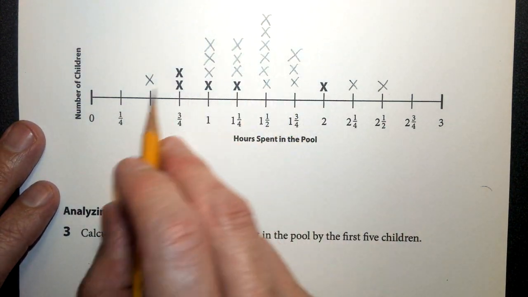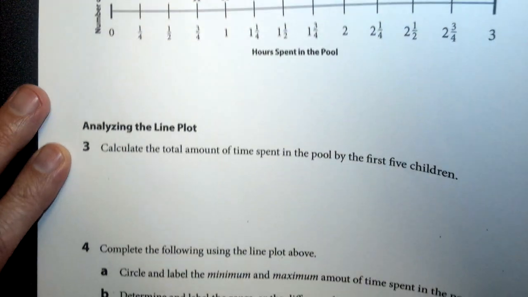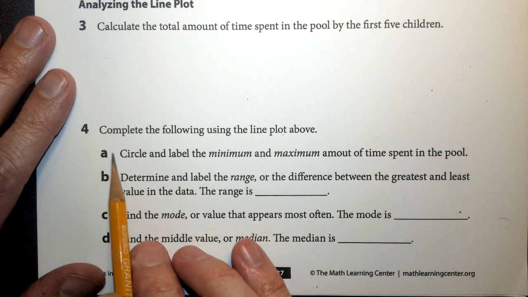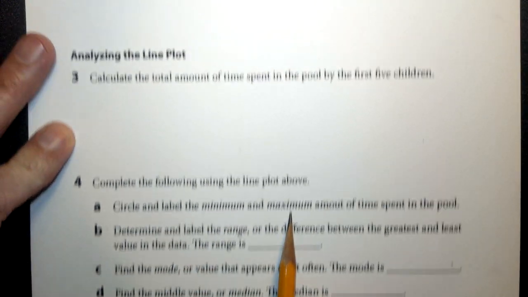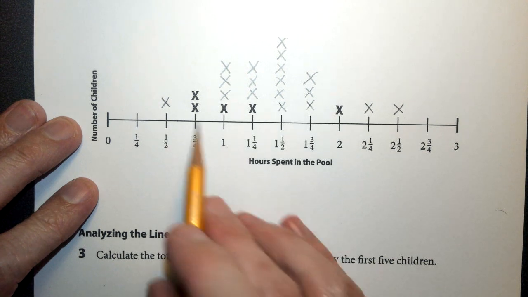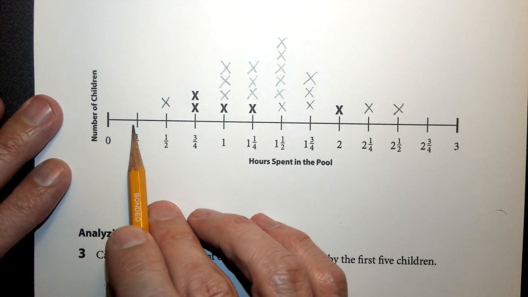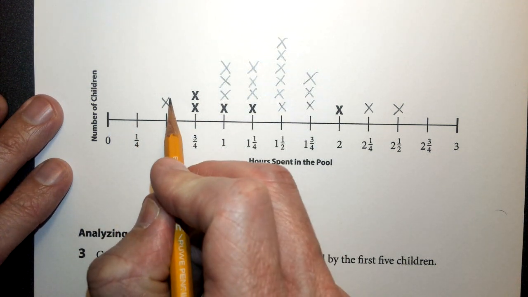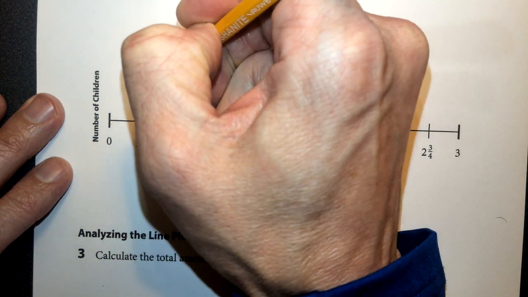So when you look at all of this, down at the bottom, I'm going to skip 3, but let's go ahead and look at number 4a. Circle and label the minimum and the maximum. So the minimum number is the smallest number that has an x on it. So it's not 1/4 or 0 because we don't have an x for those. So the minimum is 1/2.